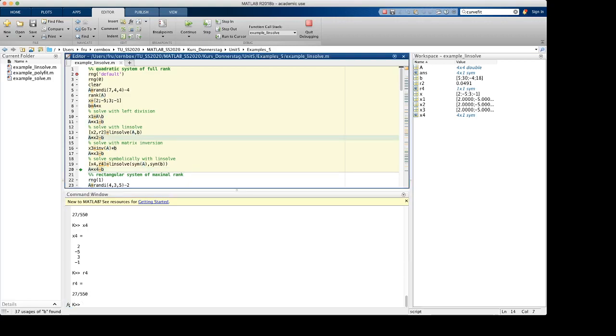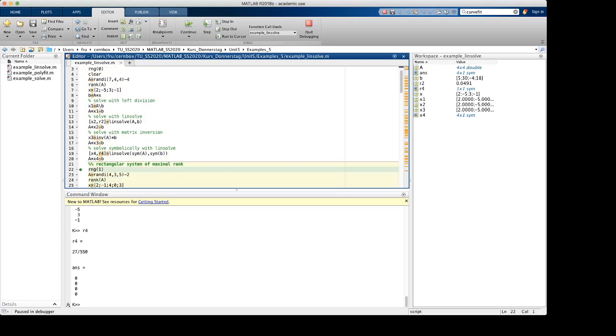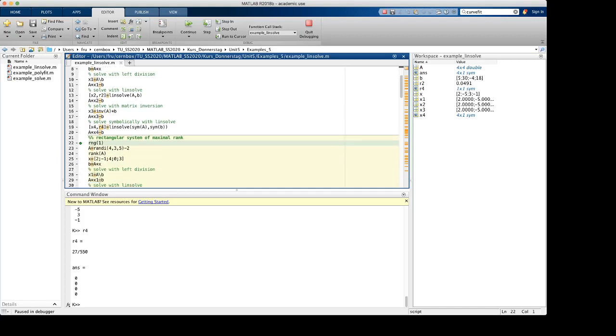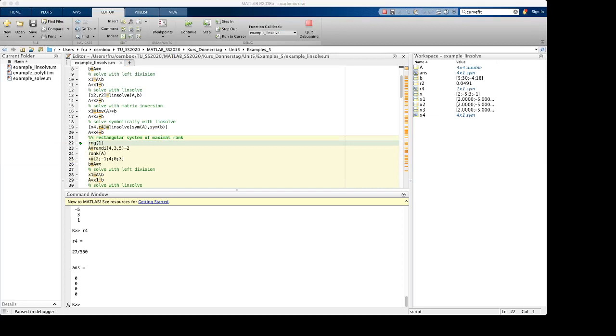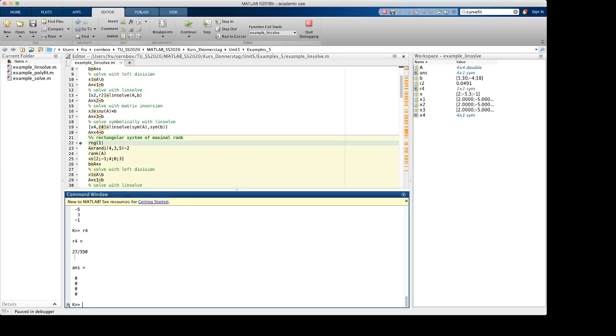If you now compare A times X4 with B, we see that the solution X4 is exact. If the matrix A is quadratic and of full rank, then we know that we have exactly one solution.